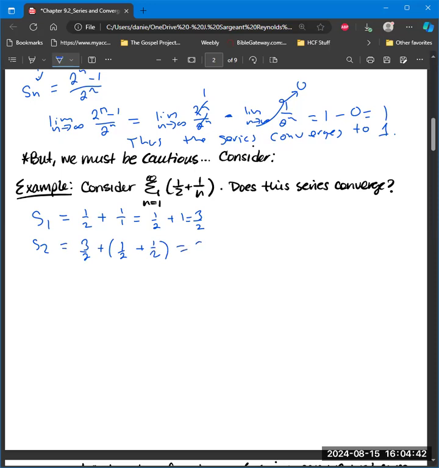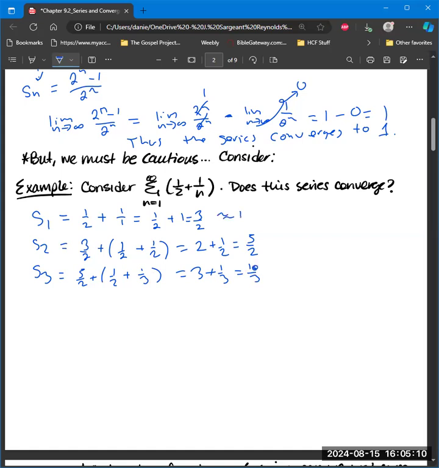So that's going to be 2 plus 1/2 is 5/2. And then S3 is 5/2 plus 1/2 plus 1/3, which is 3 plus 1/3, which is 10/3.